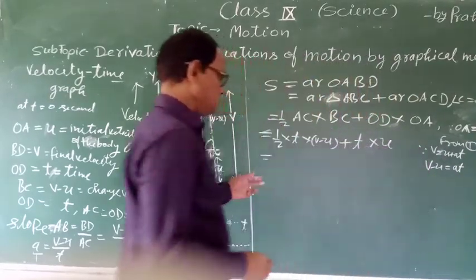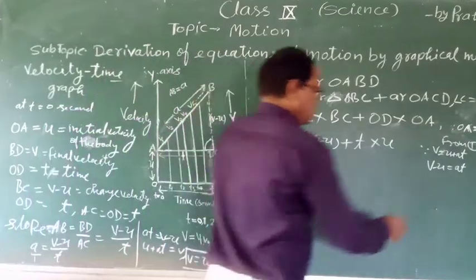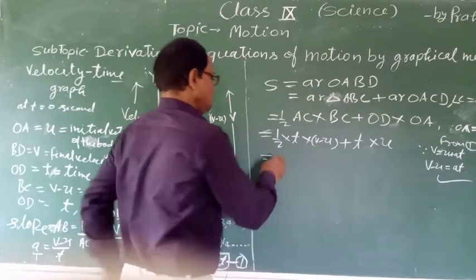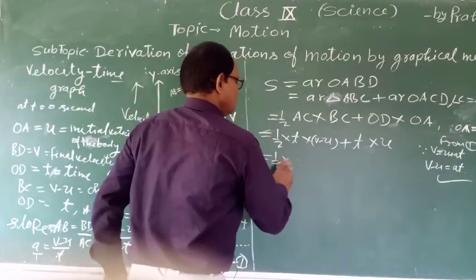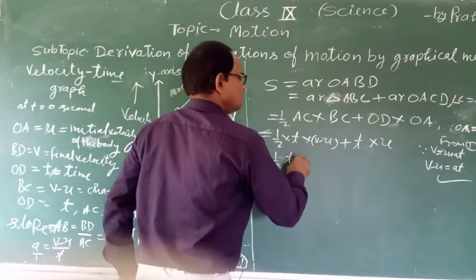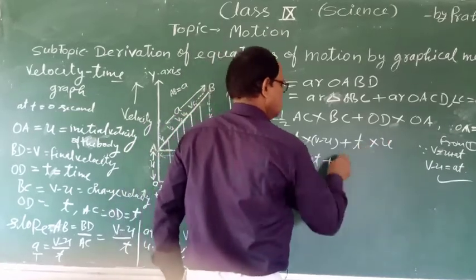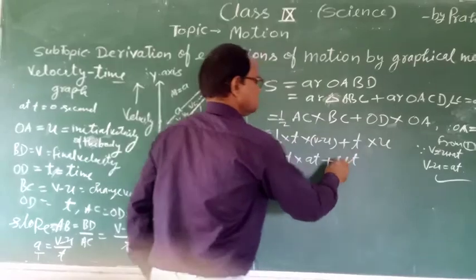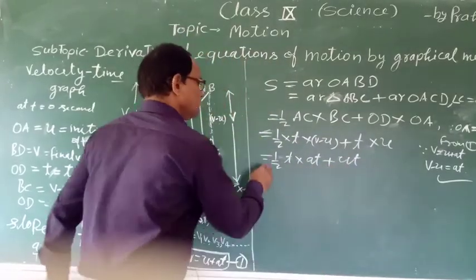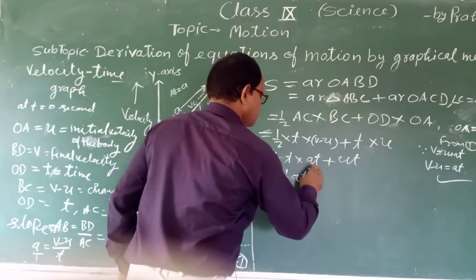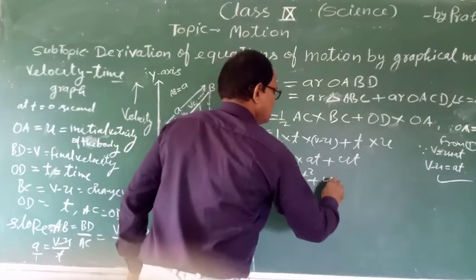From this relation we can write 1 by 2 into t into v minus u means at plus ut. Multiply this, we get 1 by 2 t into at square plus ut.